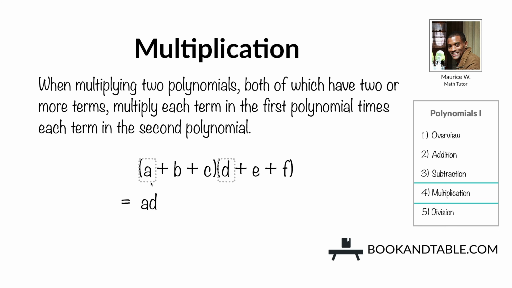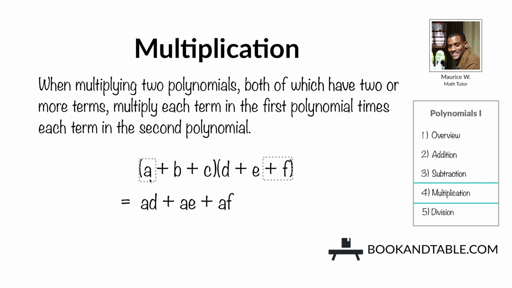So for example, if we had A plus B plus C times D plus E plus F, you're going to take each term in the first polynomial and multiply it times each term in the second polynomial. So we'll take our first term A and multiply it times all three terms in here, giving us A times D, which is AD, A times E, which is AE, and A times F, which is AF.